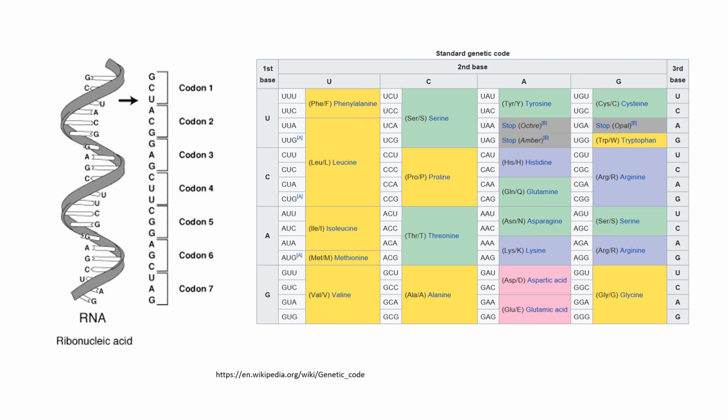If you look a little bit further down in that same column, you see that there are also four different words that can specify valine. Now, if you look on the top right of the table, you see that there are only two words that will specify cysteine, UGU and UGC.